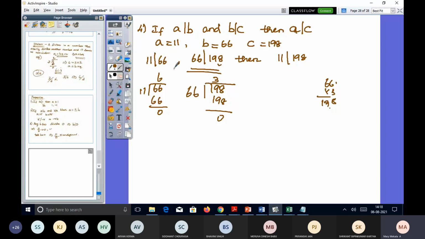If these two conditions are satisfied, because you can see here A divides B and then B divides C, then the condition for A and C is satisfied. So now we can see 11 divides 198, you will be writing 198 divided by 11.